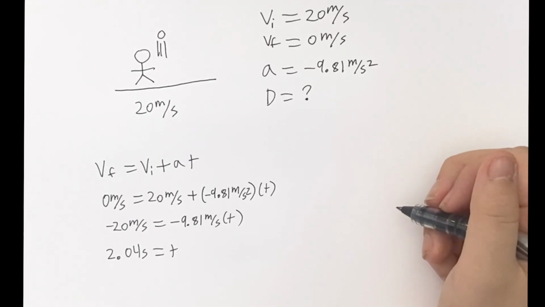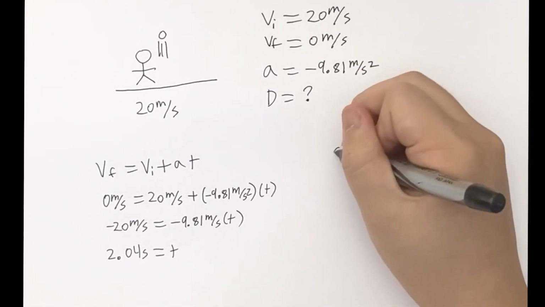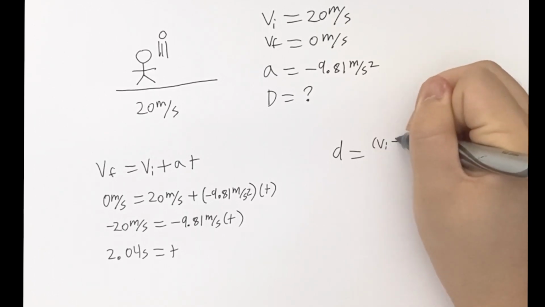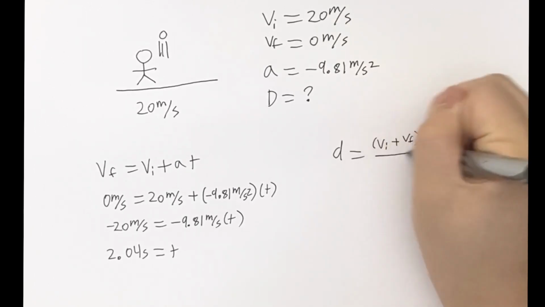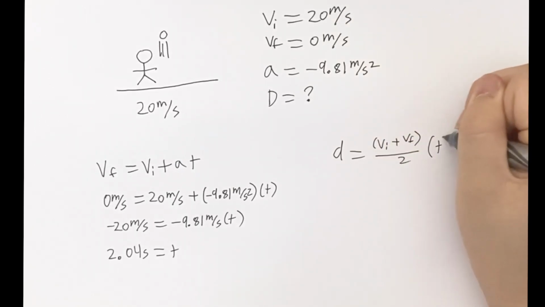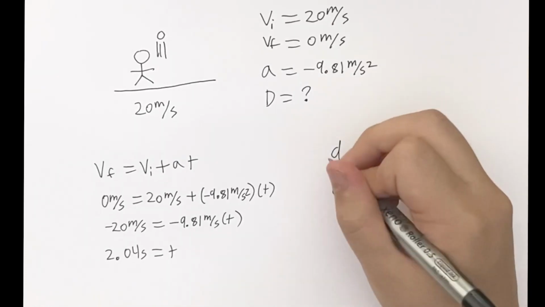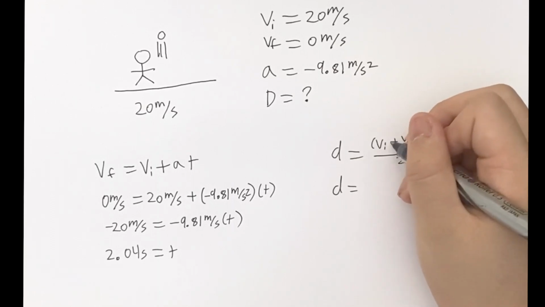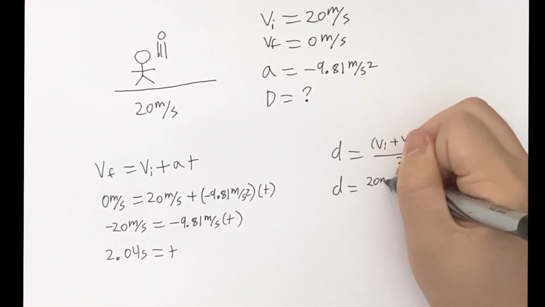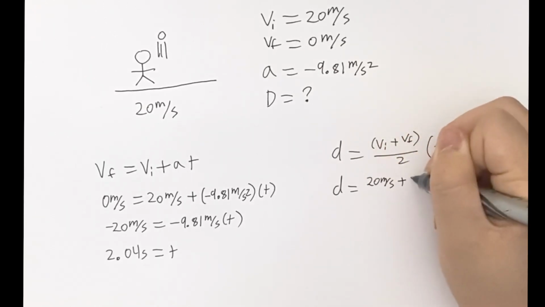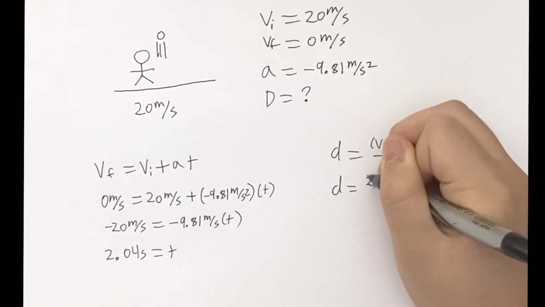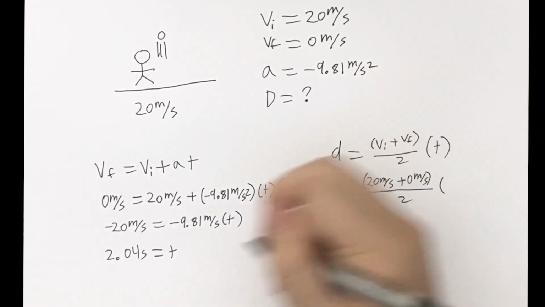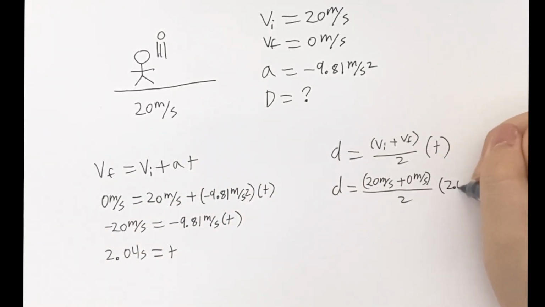Well, we can substitute it into the equation d is equal to Vi plus Vf divided by 2 times time. We don't know the distance or displacement, so it's the unknown here. The Vi is going to be 20 meters per second plus 0 meters per second, and then divided by 2 times time, which is 2.04 seconds.